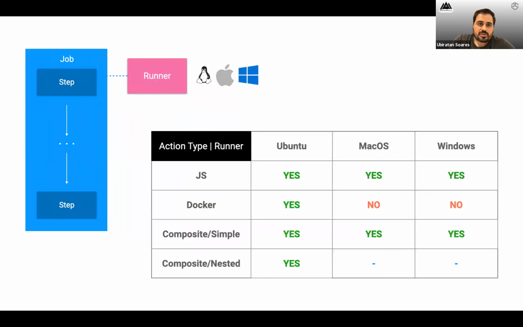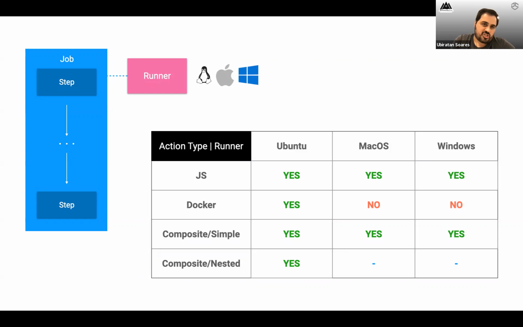When we talk about the runner machine, it's quite important to understand the relationship between the runner machine and the type of GitHub action that such a machine can execute, right? As I've mentioned, a GitHub runner can be either provided by GitHub or self-hosted.